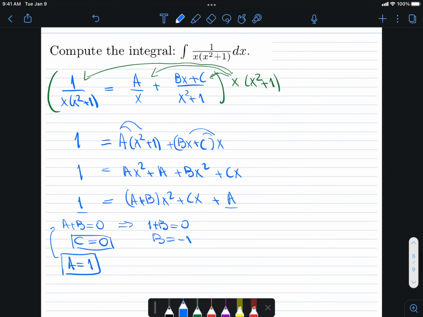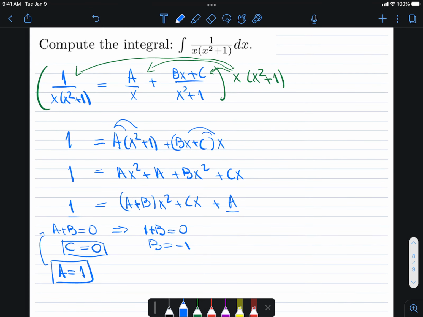So all of this is not calculus. All of this is just algebra or pre-calculus, or whatever class you took where you learned partial fractions. So this is the partial fraction decomposition.